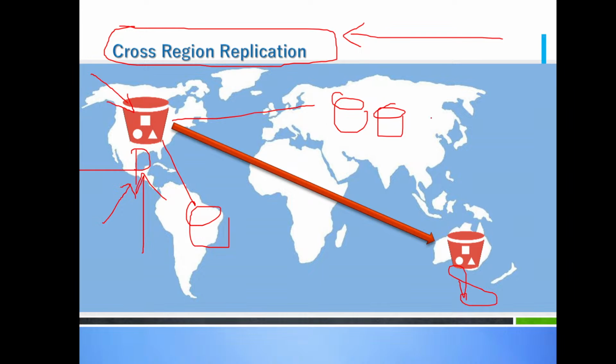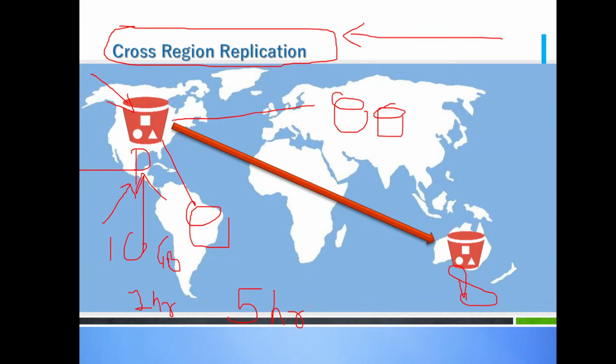But this is a very good feature, because let's say you have a 10 GB file and it takes 1 hour to upload the file in this bucket. Now you have 1, 2, 3, 4 buckets more. So how much time will it take? 1 hour for one bucket, 5 buckets are there, so 5 hours.